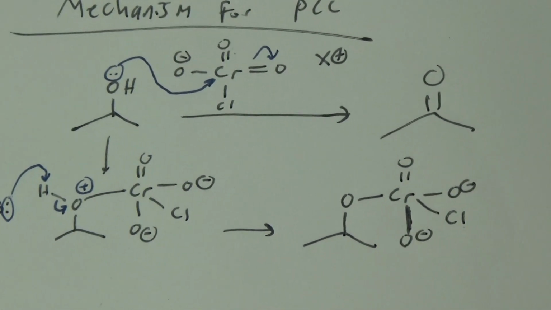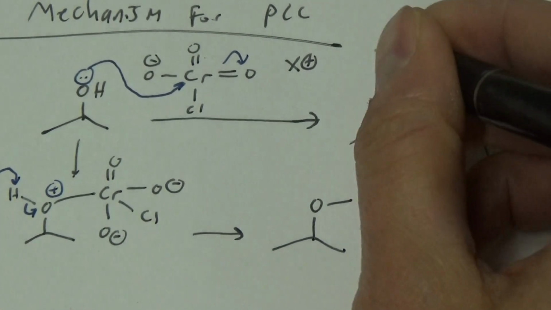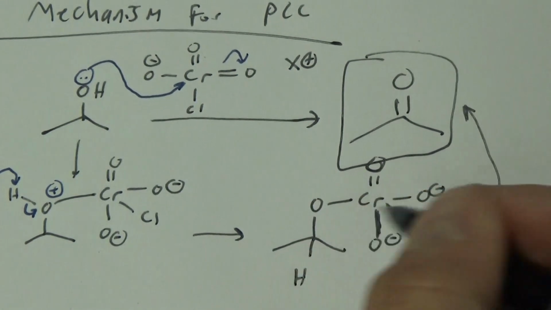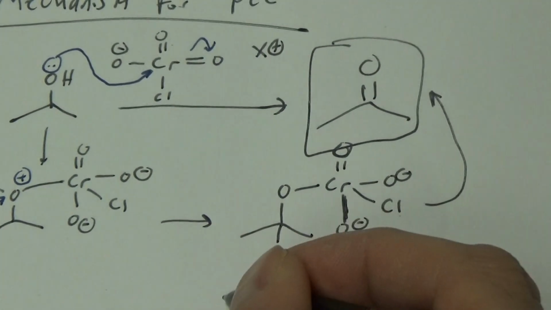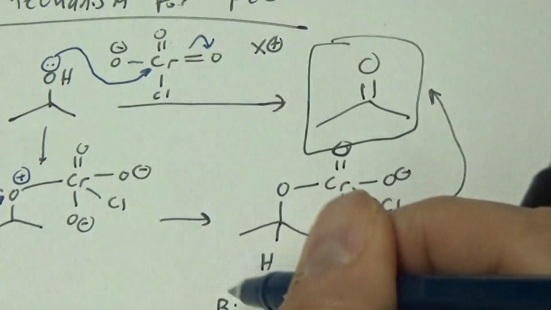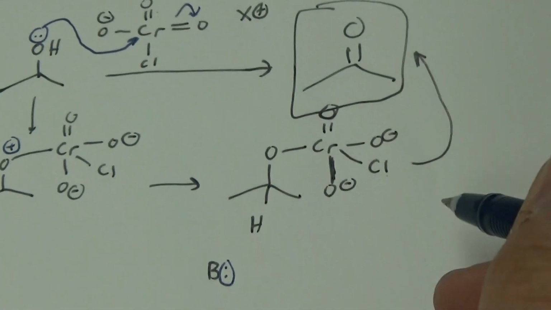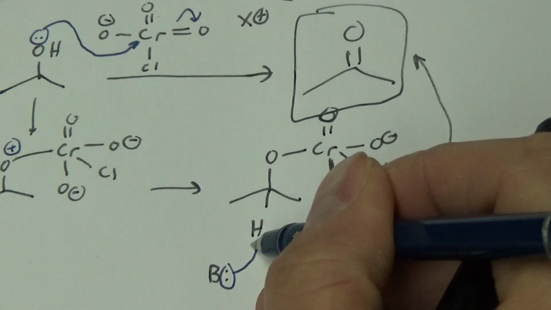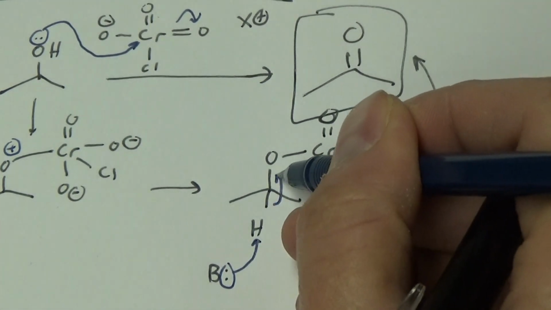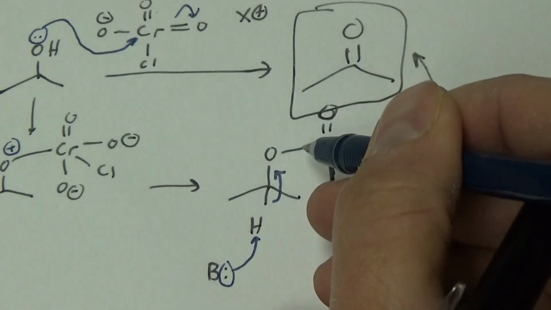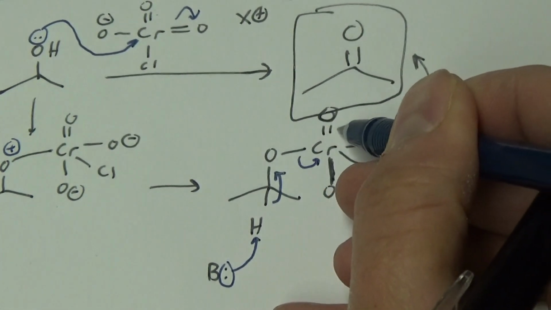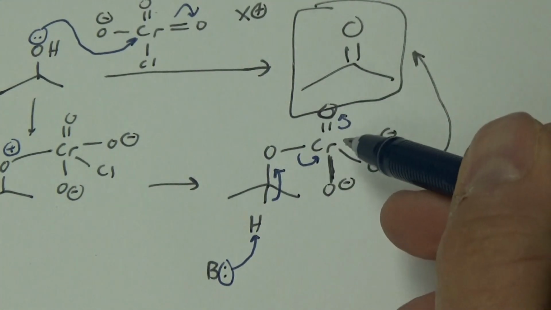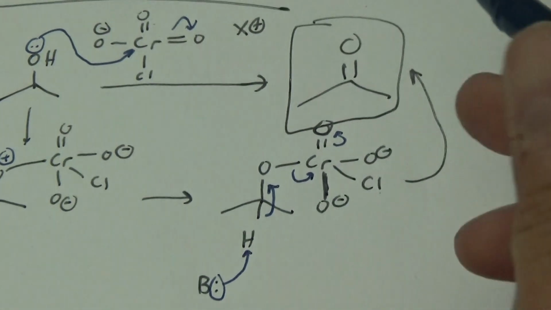chloride, and then how do we finish it up? Now we take the proton off with mild base. Just like before. Base takes proton, make the double bond, attack, it goes to chromium, and then onto the other oxygen. Of course, this is chromium 6, just like before. 1, 2, 3, 4, 5, 6.